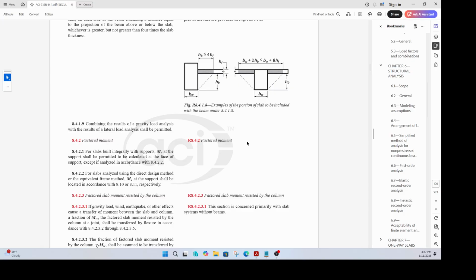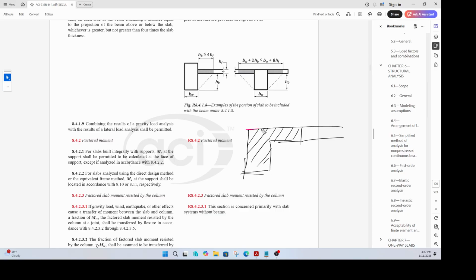Now, if you have a beam like that, and let us say that is the slab, you decide that this portion of your slab is participating in the beam, and you need to find out the moment of inertia.